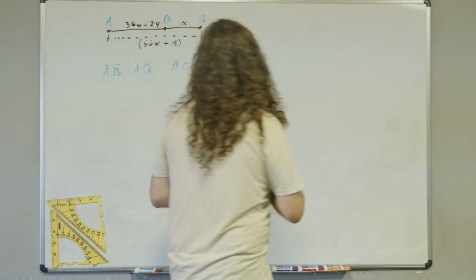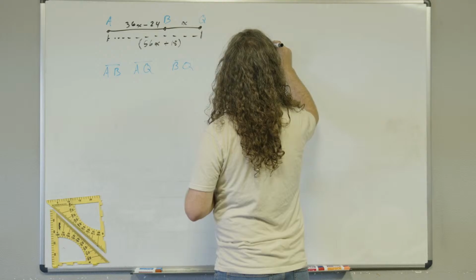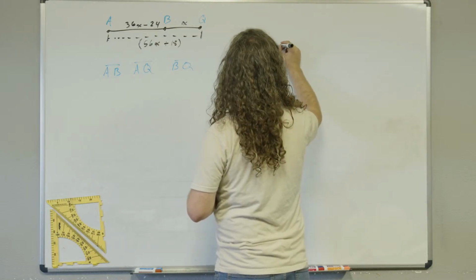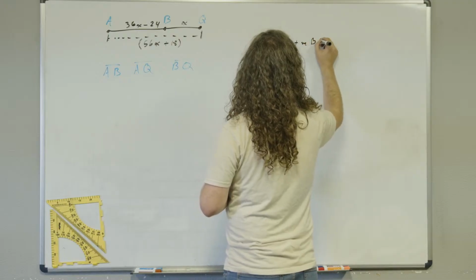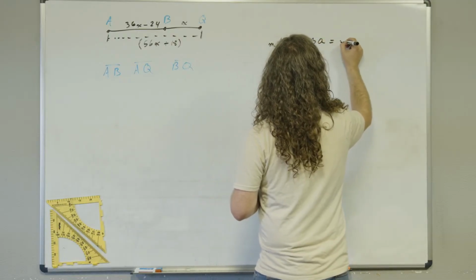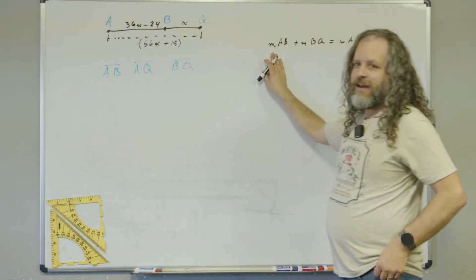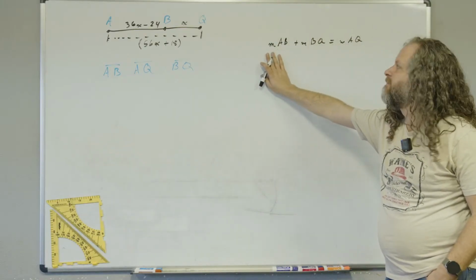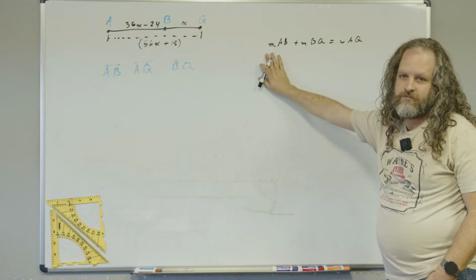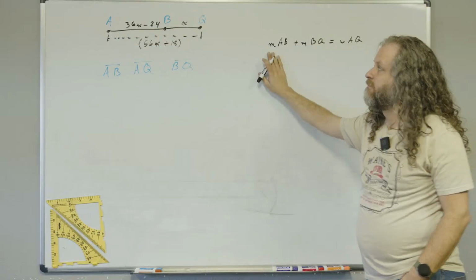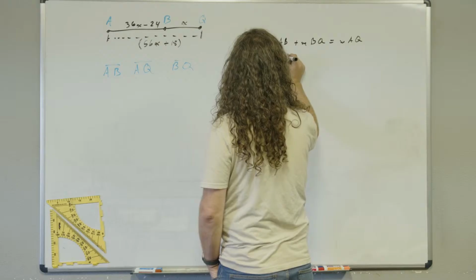And so we just write that. The measure of AB plus the measure of BQ equals the measure of AQ. AB equals what? 36x minus 24.